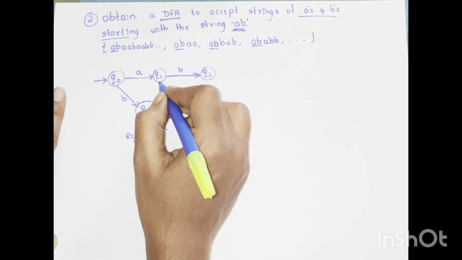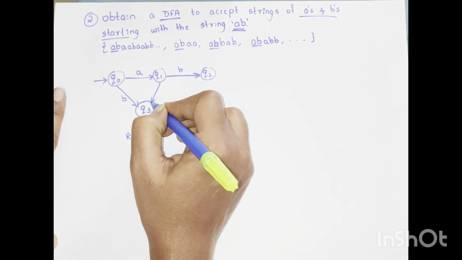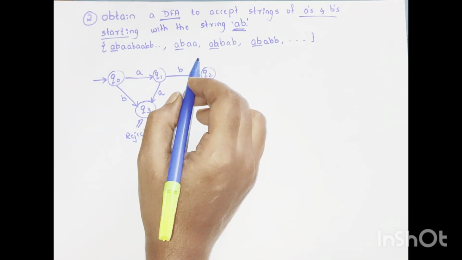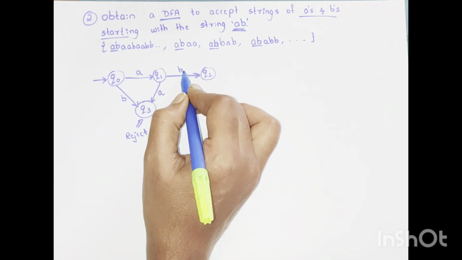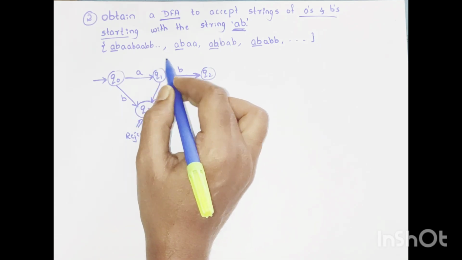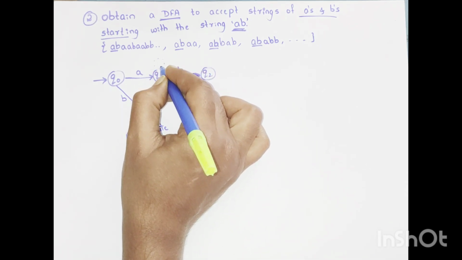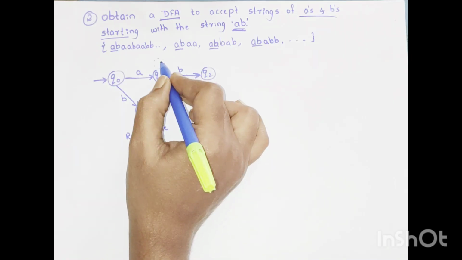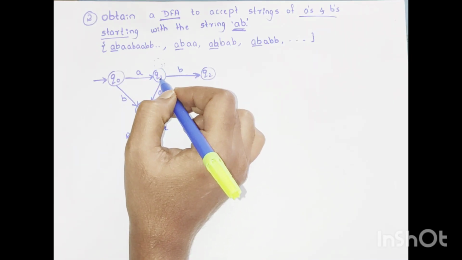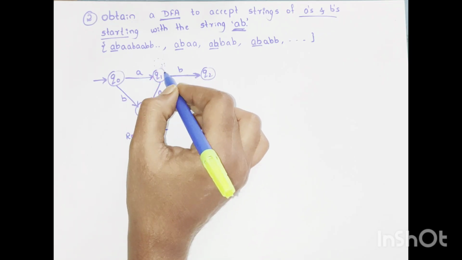If A comes, then again I will make the machine go to the reject state. Why? Because we know that the string should start with AB only. If I show a self loop here for this A transition, then there will be the possibility of the string starting with A, B.